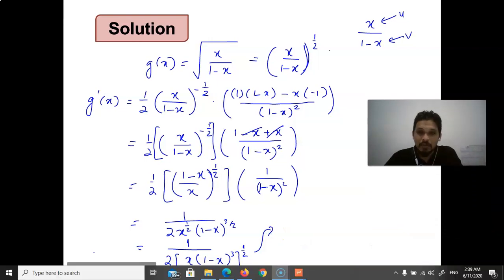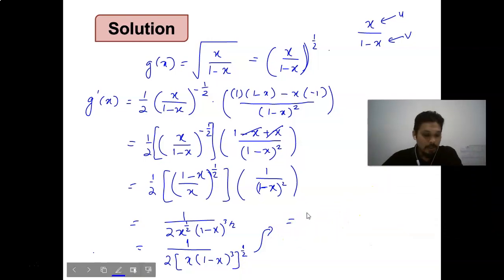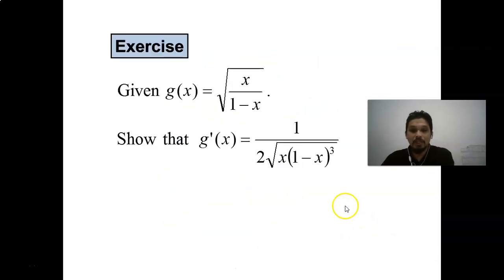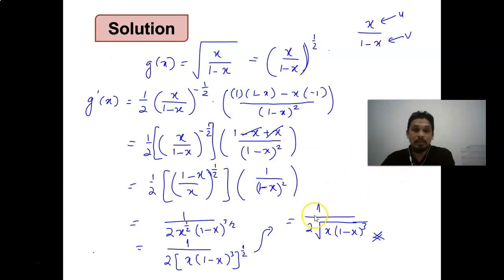Then it is equal to 1 divided by 2 square root of x multiplied with (1 minus x) cubed. So please refer to this from the question here. We have proved that now.